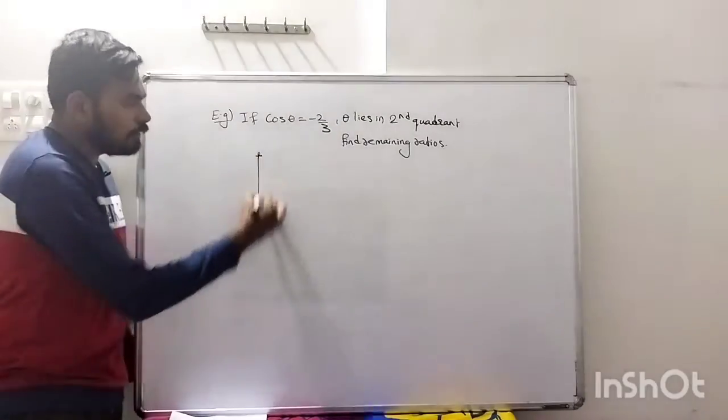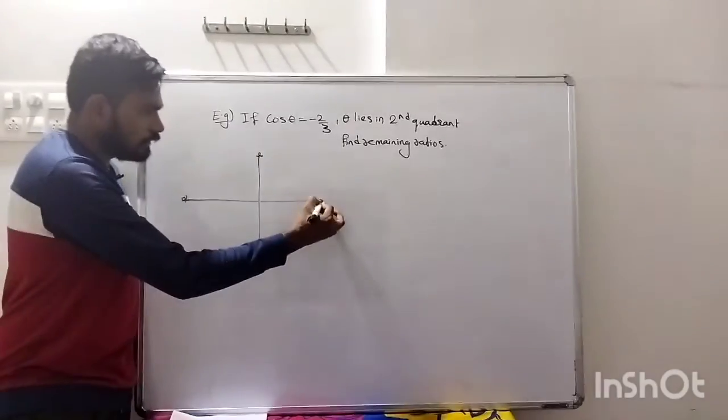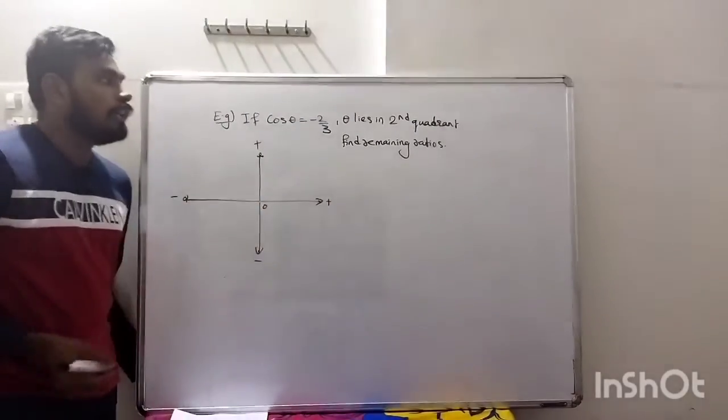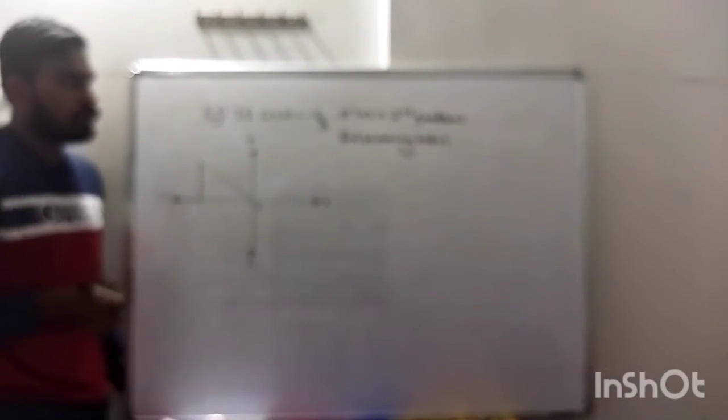So what we do? We draw the coordinate axis first. Here we write plus, plus, minus, minus, correct? Here 0. And in the second quadrant I just draw here, see, it lies in the second quadrant, so I just draw this here, and then a right triangle. I put this theta. Then cos theta is what? Adjacent upon hypotenuse, using that OAOHH.